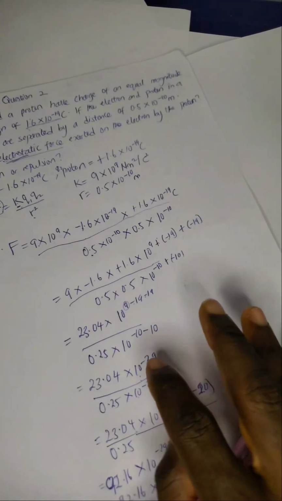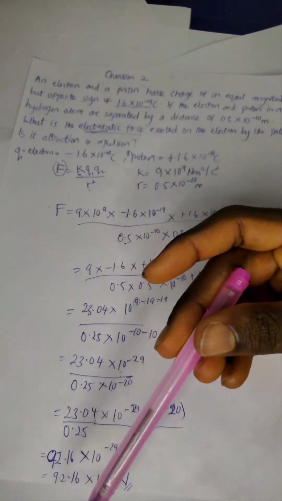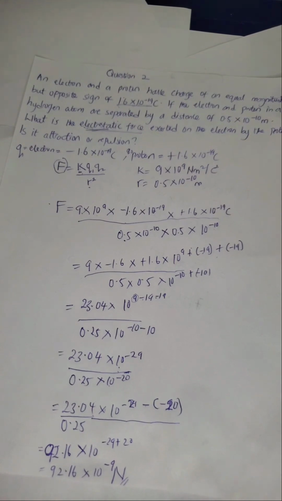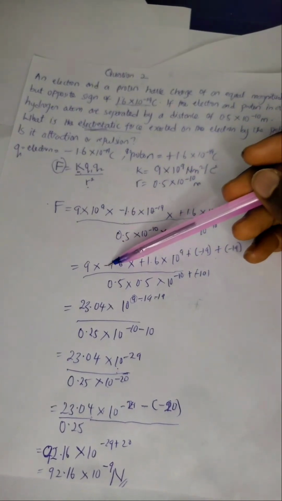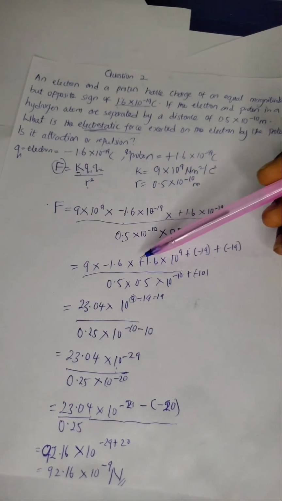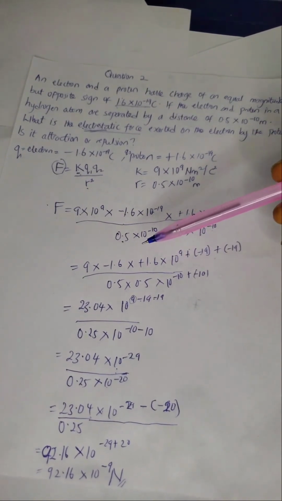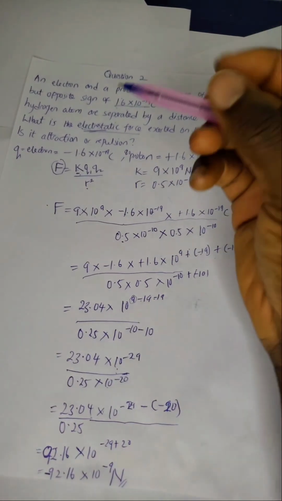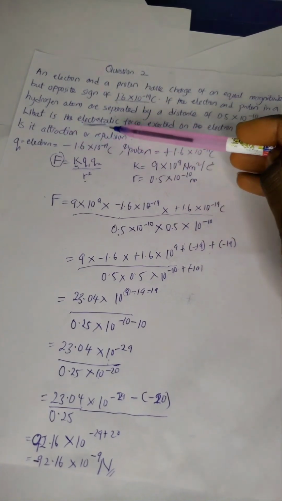Now that's not all. There's an extra question. This is the electrostatic force exerted on the electron by the proton. A quick question: we have a negative sign here and a positive sign here. Negative times positive, you sure do know, is negative. And there is a question here: is it attraction or repulsion?